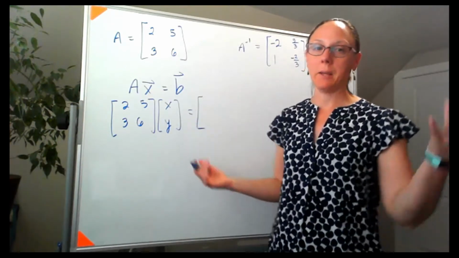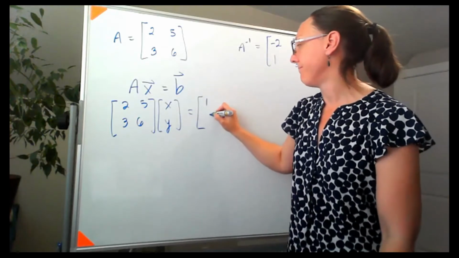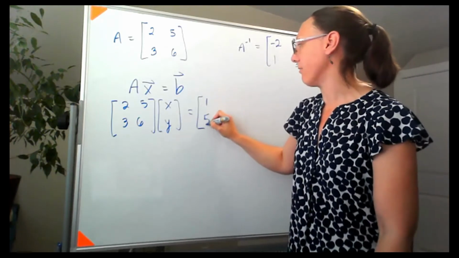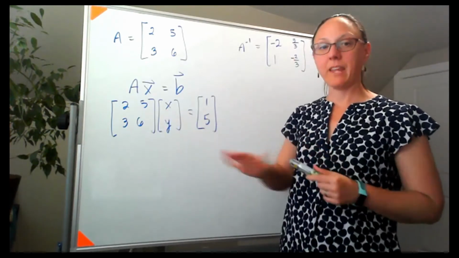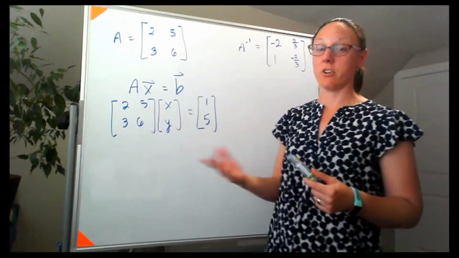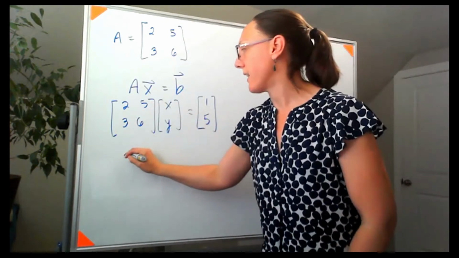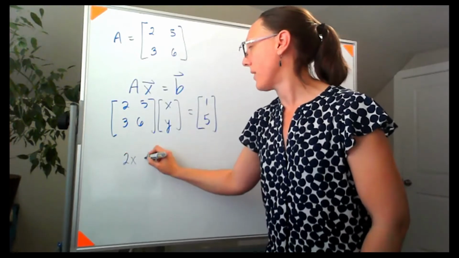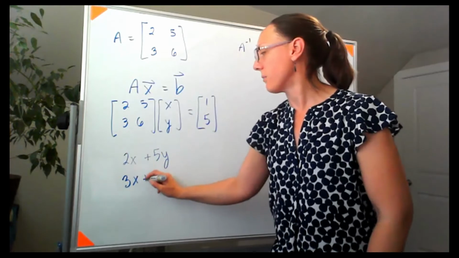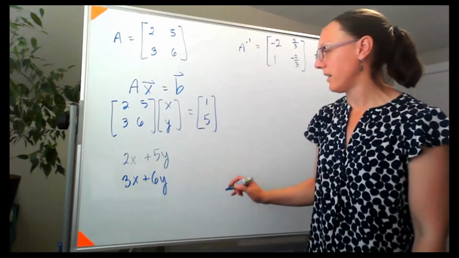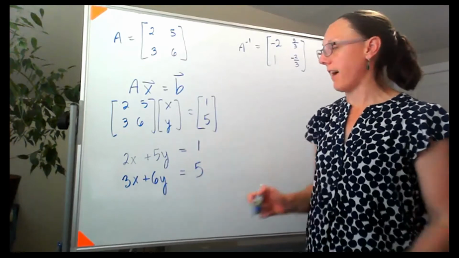Let's say B was 1, 5. Well, if I do the matrix multiplication on the left-hand side, this would say 2x plus 5y and 3x plus 6y. And that has to equal 1, 5.